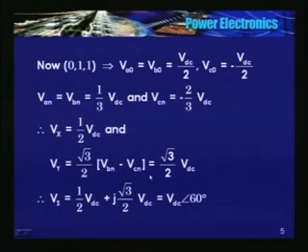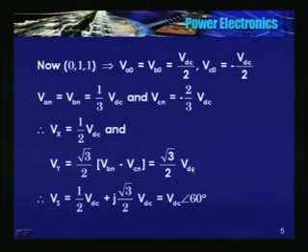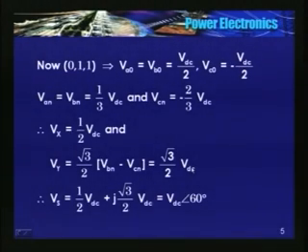So that is equal to, you substitute these two values, you will get root 3 by 2 into VDC. Now what is the space vector? Space vector Vs is Vx plus j into Vy. Vx is half VDC, Vy is root 3 by 2 times VDC, and it is positive.